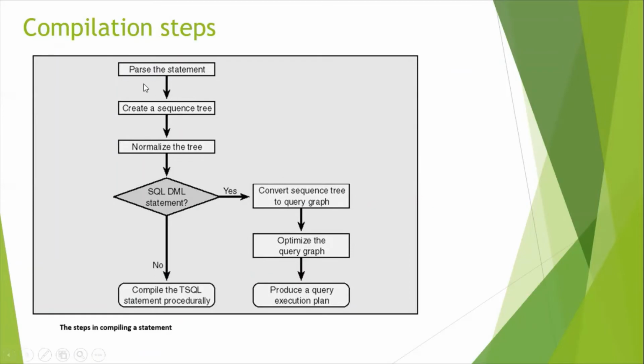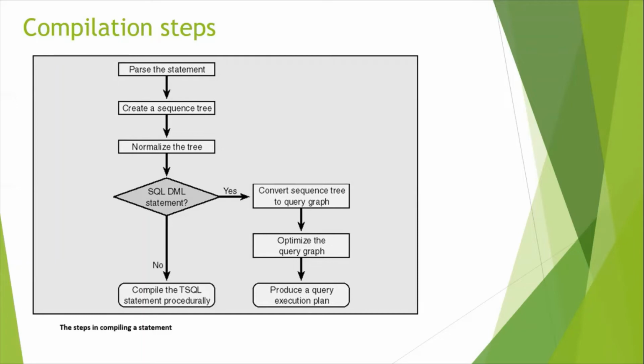First, it goes for parsing, so it checks any syntactical errors. Then it creates a tree, a sequence tree or query tree. Then it goes for normalization. What is normalization? It divides the query into multiple parts so that it is not a complex statement to execute.